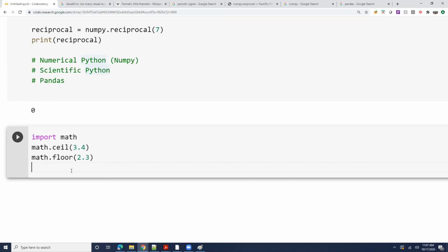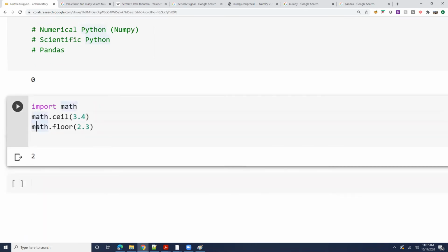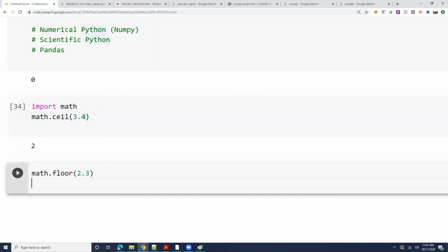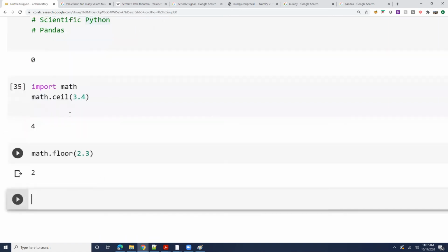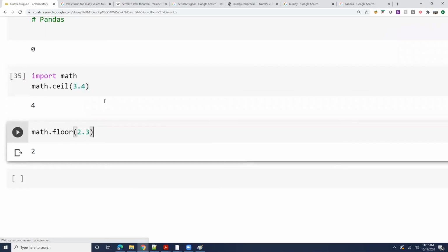So the ceil of 3.4 is what? Ceil of 3.4 is 4, floor of 2.3 is 2. So which is the integer greater than 3.4? The smallest integer greater than 3.4, the first integer that's above 3.4, versus the first integer that's below 2.3. So that's what floor and ceil do.